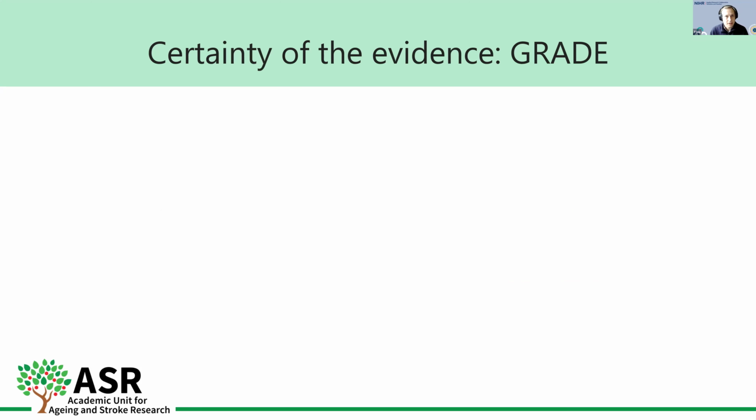Okay, so that's a very brief skip through systematic reviews with meta-analysis, just to hopefully orientate people, those who aren't already particularly familiar with those. But what does that have to do with GRADE?